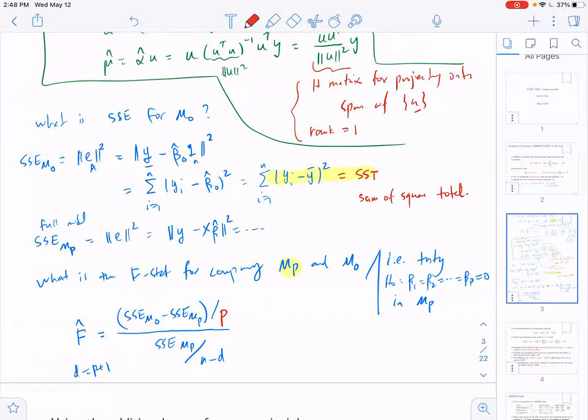Okay, and this guy is SST, and this is sometimes just referred to as SSE. So you'd get SST minus SSE divided by P, divided by SSE divided by N minus D, okay? And then you compare it with an F statistic with degrees of freedom P and N minus D.